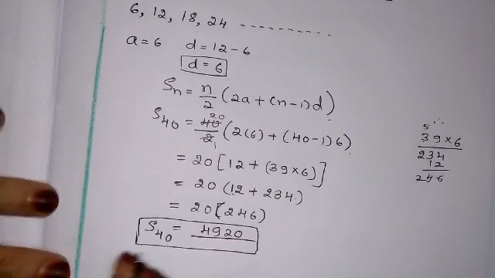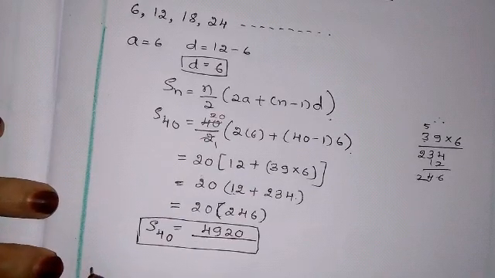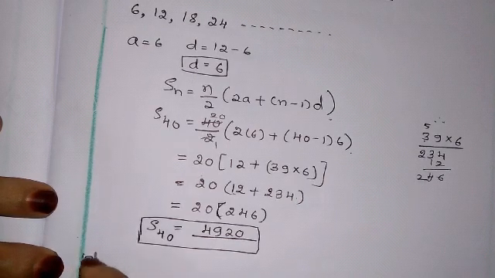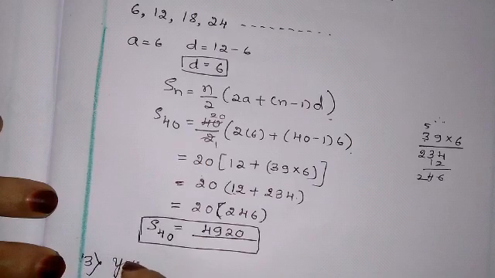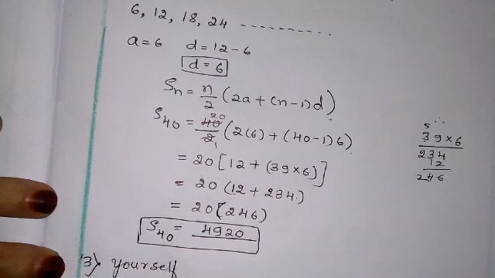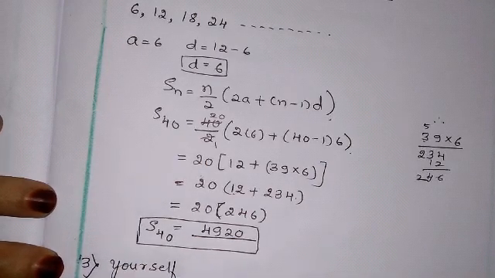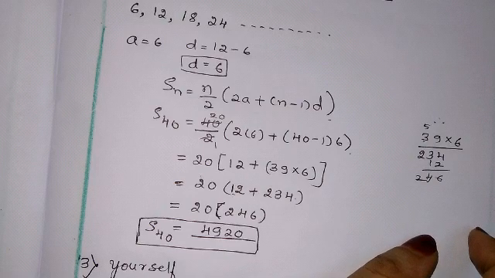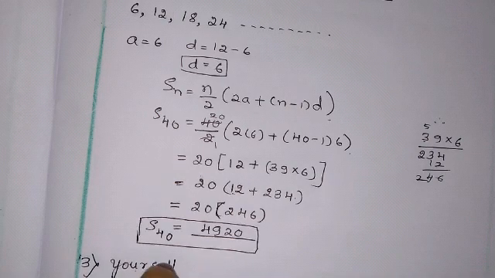Similarly, girls, you have to find out the 13th problem yourself. It's really very easy, exactly the same, because the question is find the sum of the first 15 terms which are multiples of 8. Similarly, you have to do this.